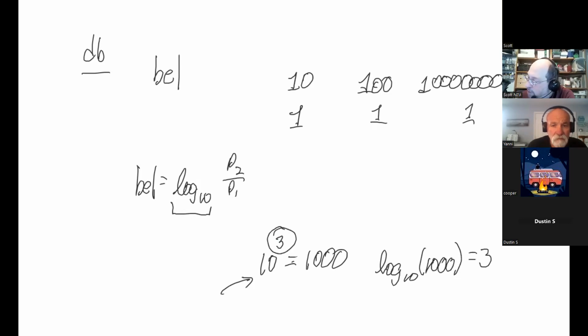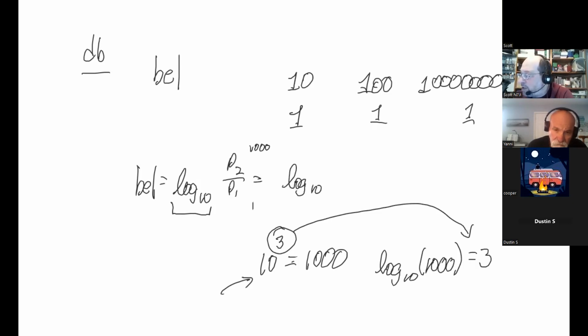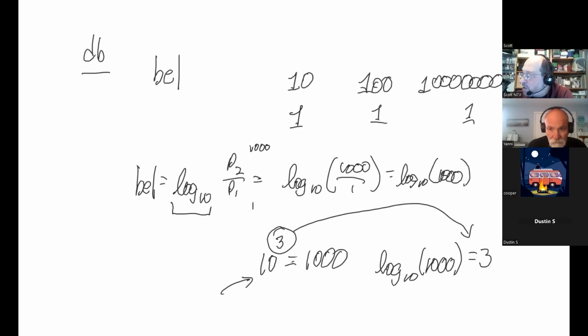That number is the answer. So if I were to write this down and compare something that was 1,000 to something that was 1, I would get the log base 10 of 1,000 divided by 1, which is 3. That would be 3 bells. And yes, it's named after Alexander Graham Bell.